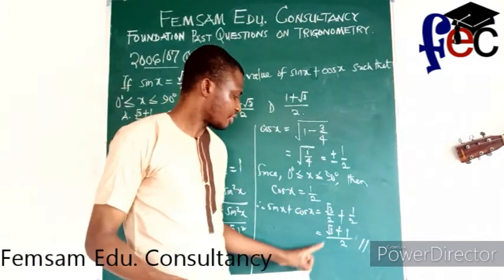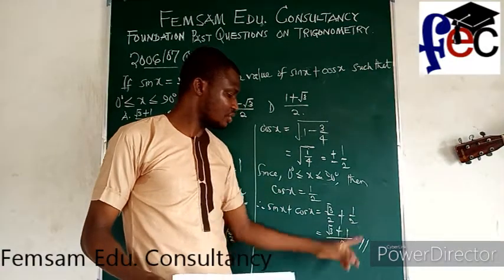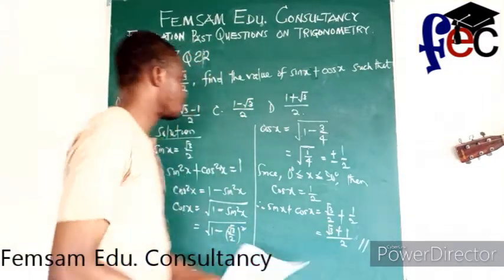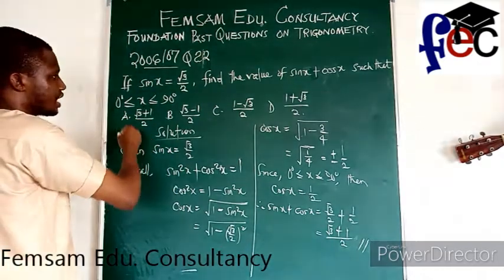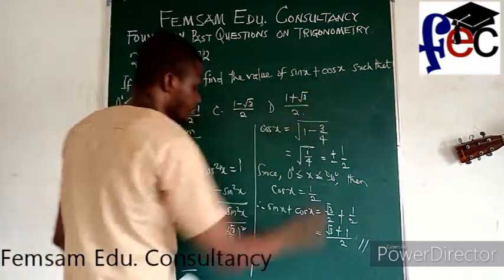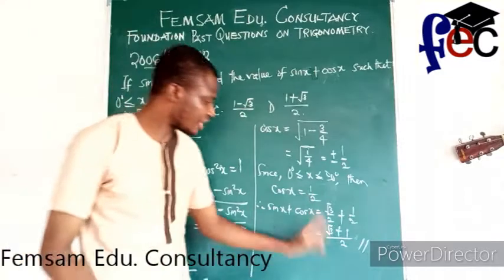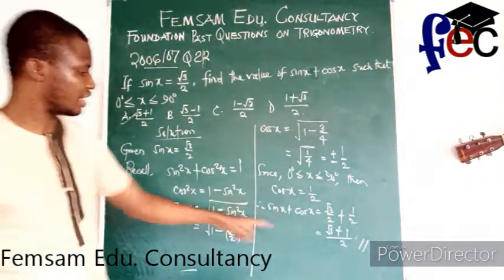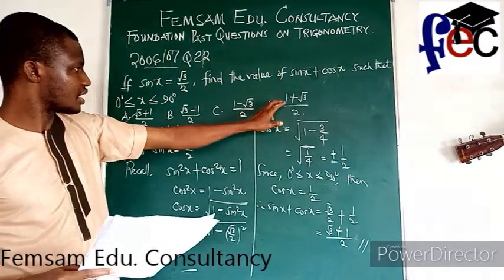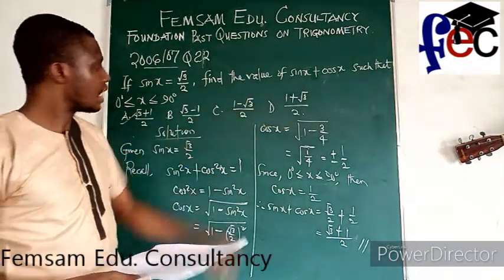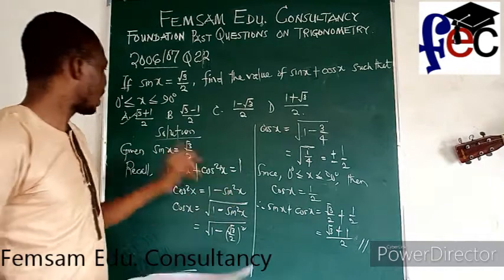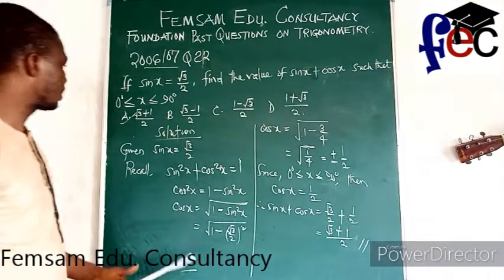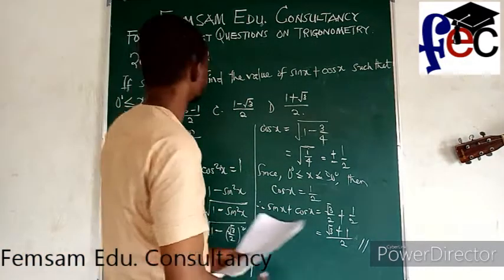So if I don't say root 3 plus 1, I can as well say 1 plus root 3. It will still give me the same result. So my answer is either between A or D. But just take note that the final answer is root 3 plus 1 over 2. Since I can find this one directly here, that's if I didn't make a mistake in copying the right question, I will go for option A since that's what I got directly from here. So I think that settles that.